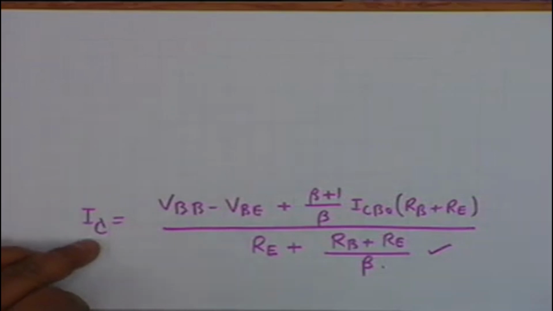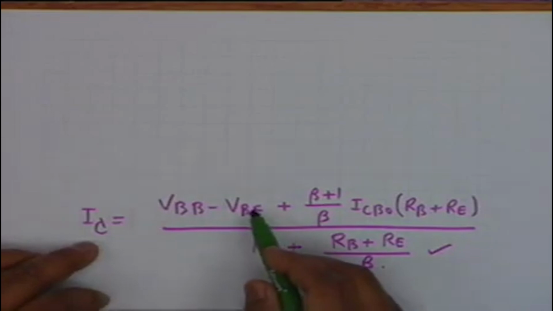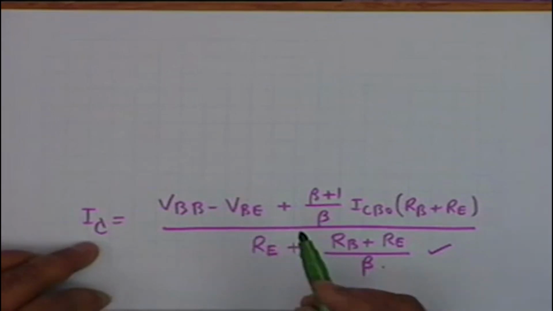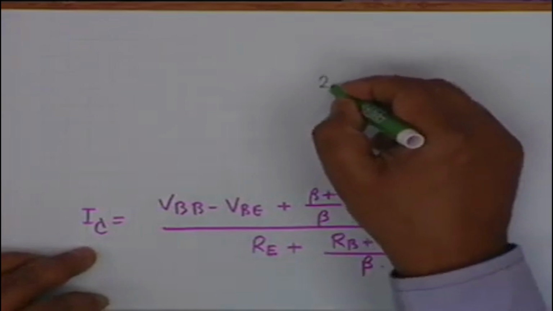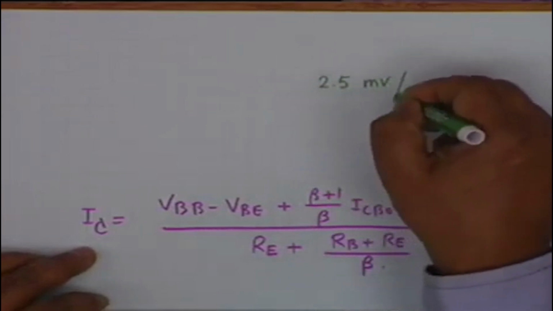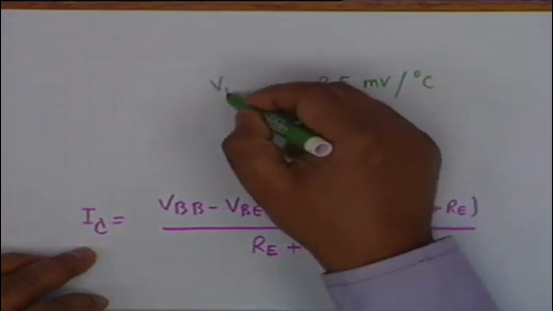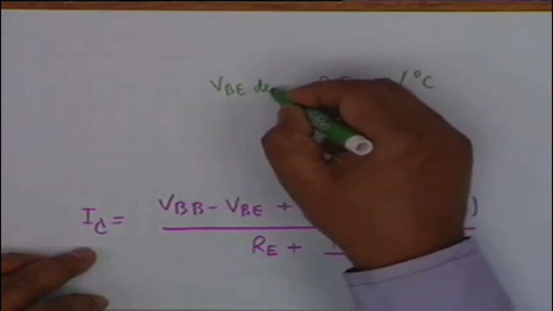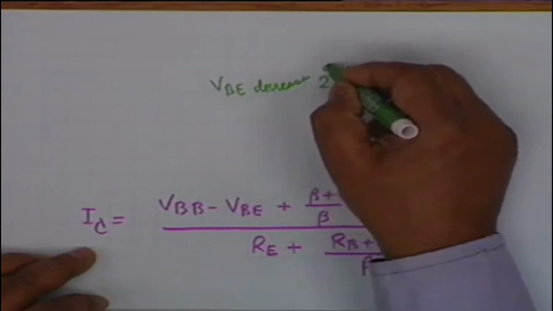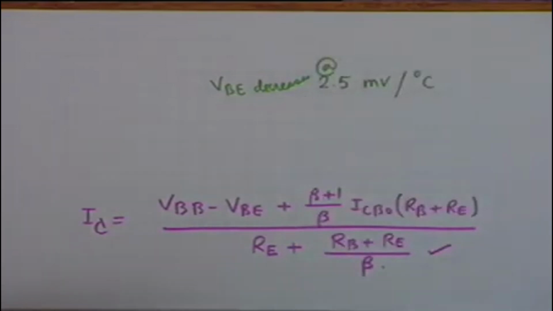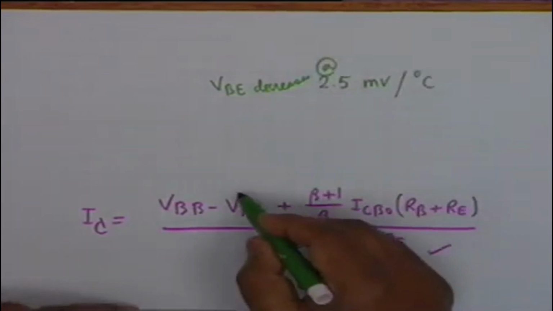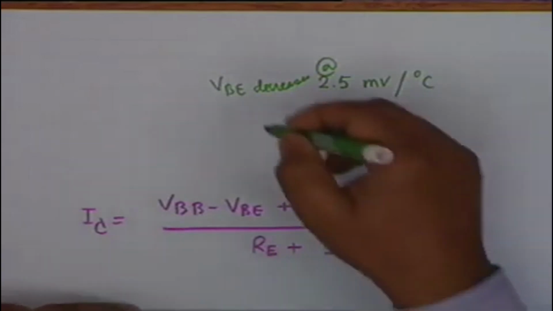depends on 3 temperature dependent quantities. One is VBE. As you know, VBE decreases at the rate of 2.5 millivolt per degree C, and therefore VBE is a temperature dependent quantity.